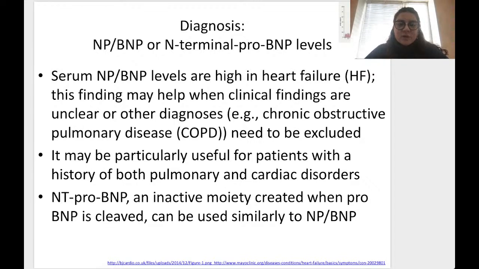It may be particularly useful for patients with a history of both pulmonary and cardiac disorders. N-terminal-pro-BNP is an inactive moiety created when pro-BNP is cleaved, and can be used similarly to NP and BNP.